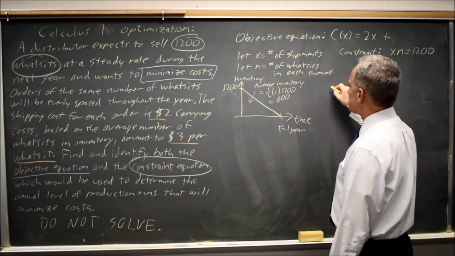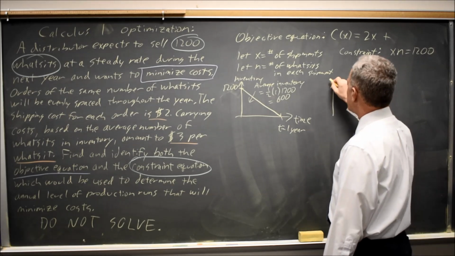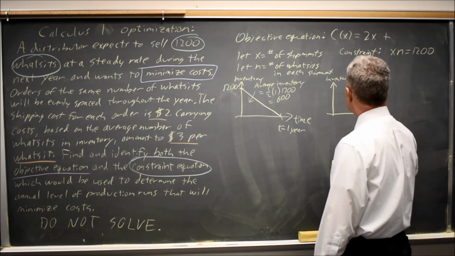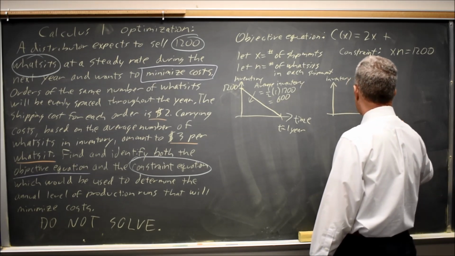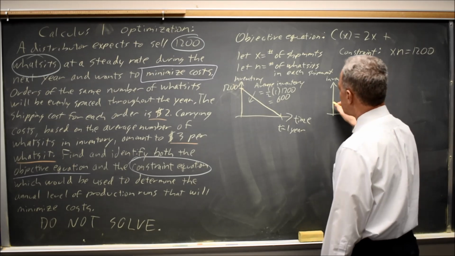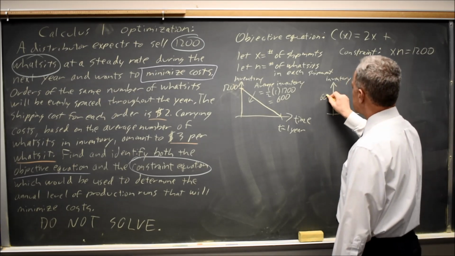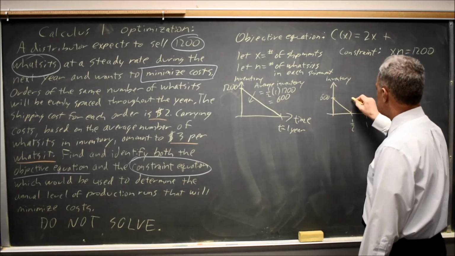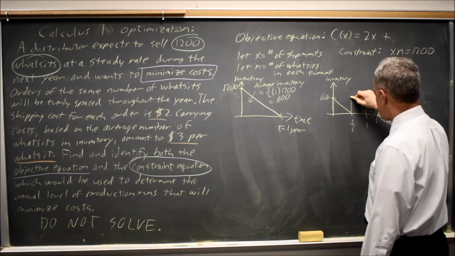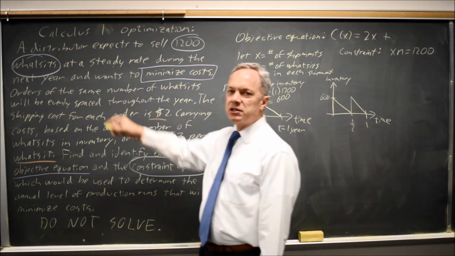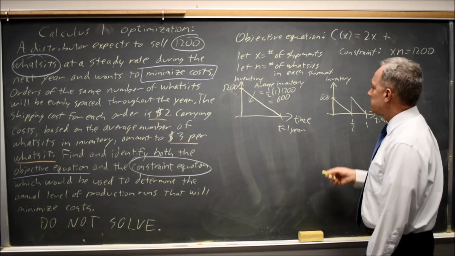What if I had 2 shipments? Then my inventory versus time, at 1 year and 1/2 year. My inventory is going to start half as high at 600, and it'll go down to 0 by 1/2 year. And then I get my second shipment, and that goes down to 0. And we're selling whatsits at a steady rate, so I am right to draw these as triangles.